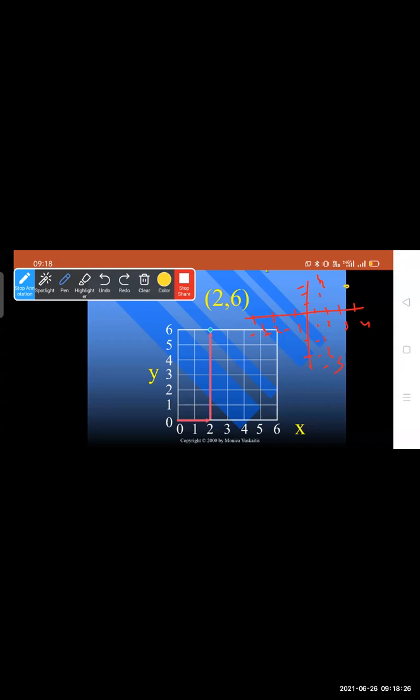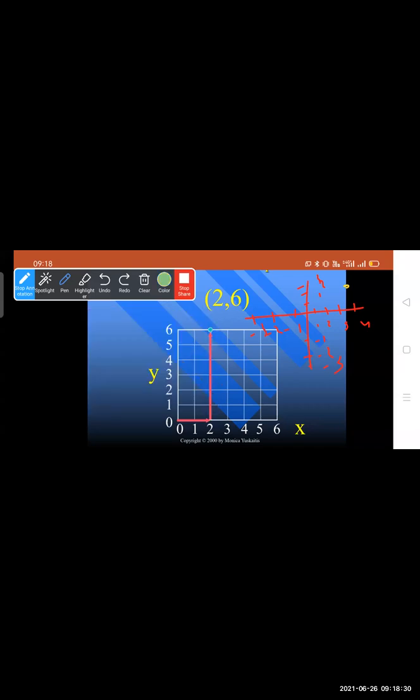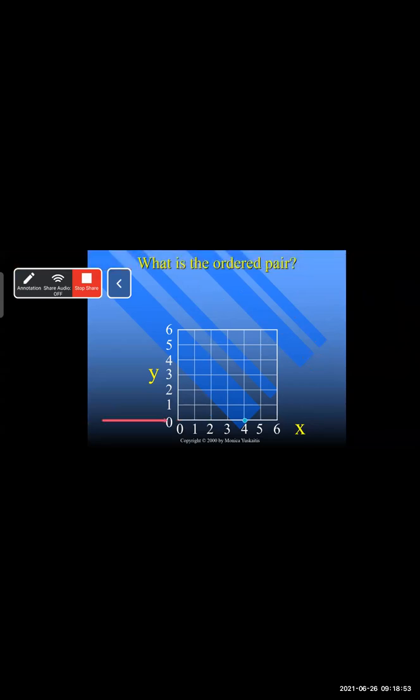First, 1, 2, 3, 4: 4 steps on the horizontal line and 2 steps on the vertical line. So the ordered pair is 4 comma 2. In this way you can find the ordered pair of any coordinate. Clear?